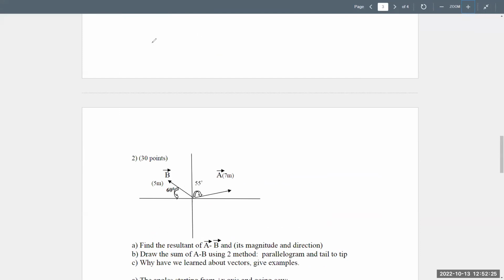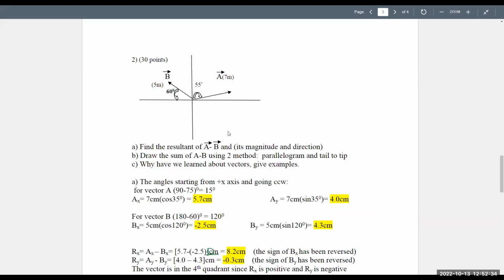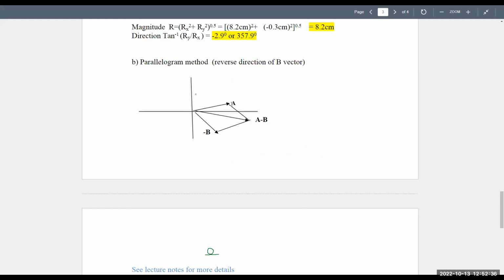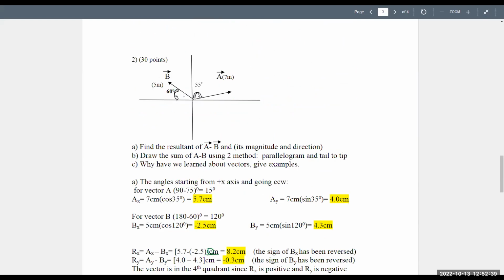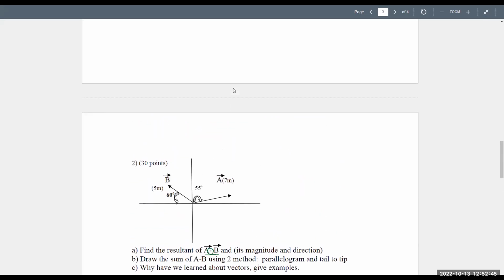Remember that for the resultant of A minus B, the minus says that B is going in the opposite direction. So if you see in here, you have your A and then you have your B going the opposite direction. Then this is your minus B.